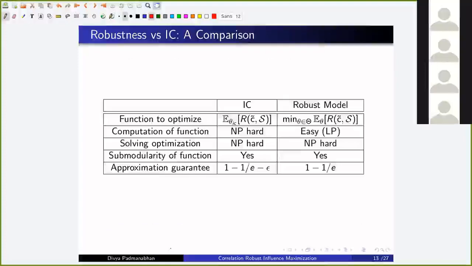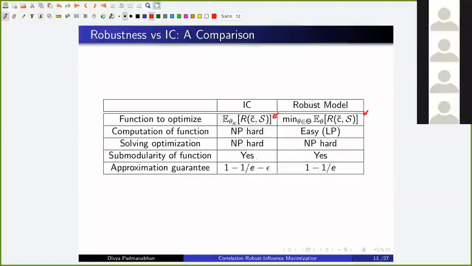Just a quick recap. I've talked to you about two models, the independent cascade and the robust model. In the independent cascade model, the function to optimize was an expected value, and in the robust model, it's a worst case expected value. The computation of the function is NP hard in independent cascade, whereas in the robust model, it's easy. But solving the optimization for both is NP hard.